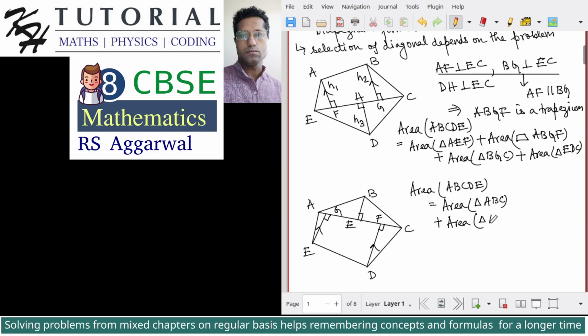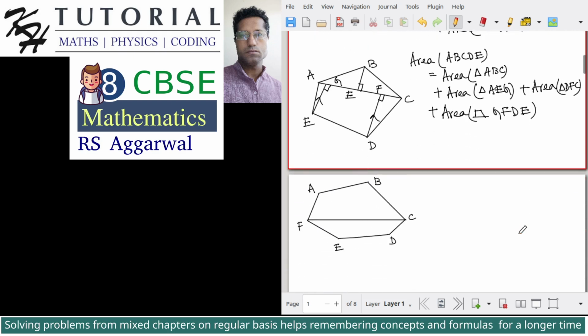From the given dimensions, we can easily find the area of all the three triangles and the trapezium, and adding them we will get the area of the whole pentagon ABCDE. This is the basic idea.